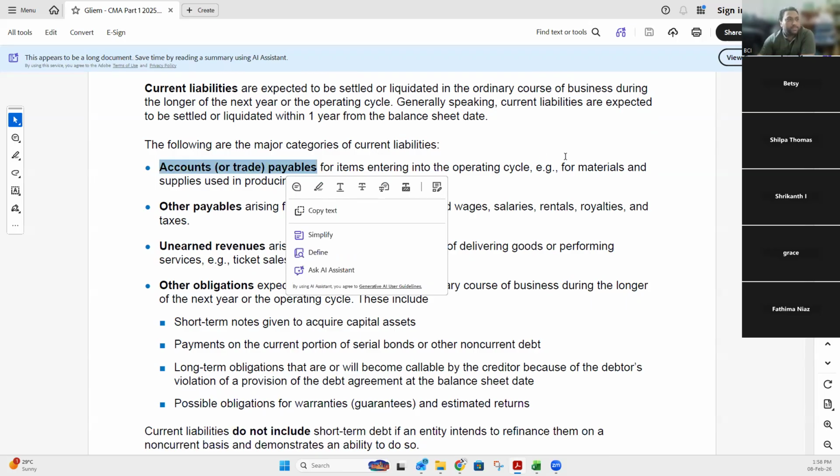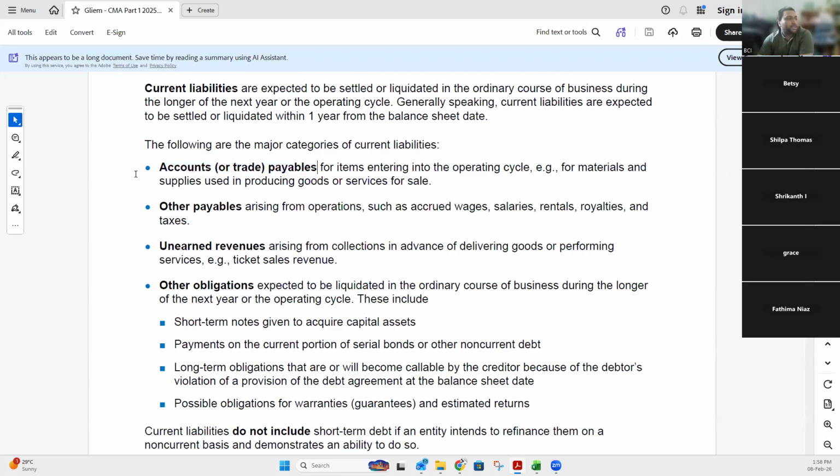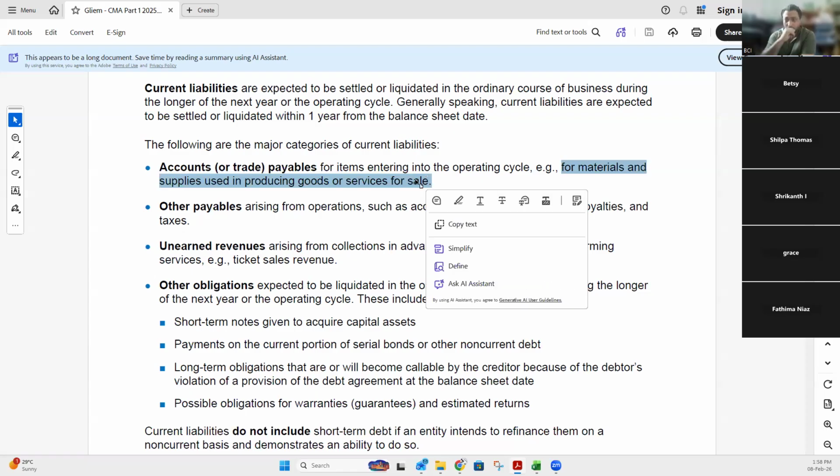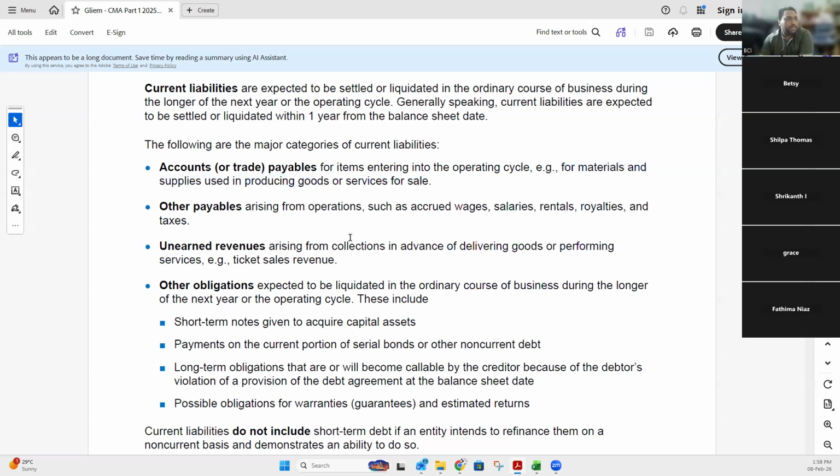Examples are materials and supplies used in producing goods or services for sale. Means you purchase some materials or anything on credit, then it becomes accounts payable. If you borrowed something from some other companies, then it becomes other payables. Or you have outstanding salaries, rents, wages, royalties, etc. These are other payables. Clear?